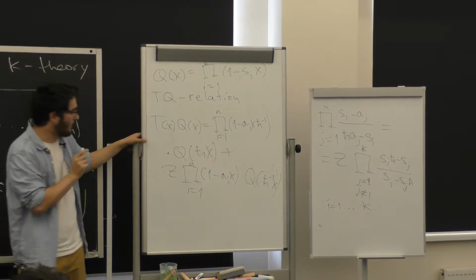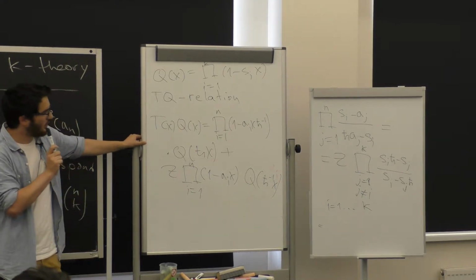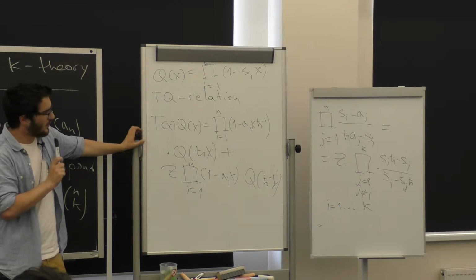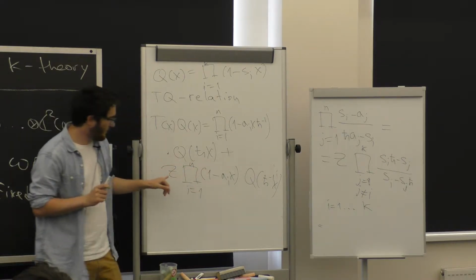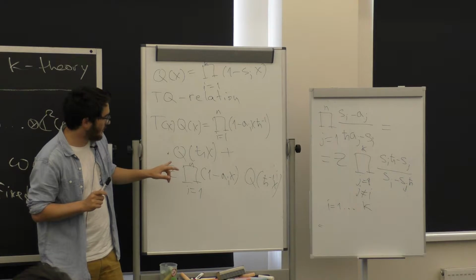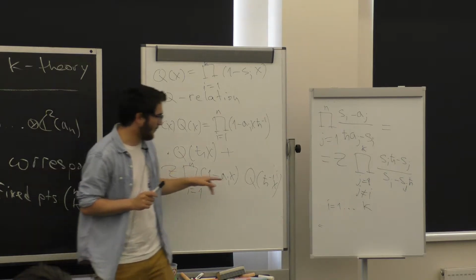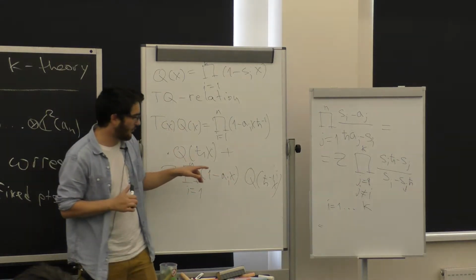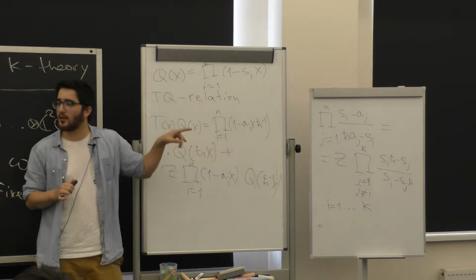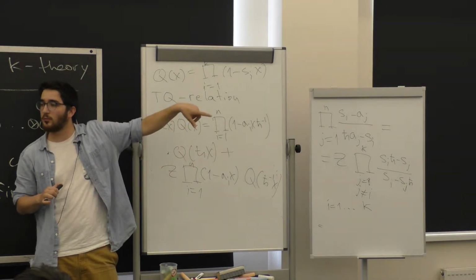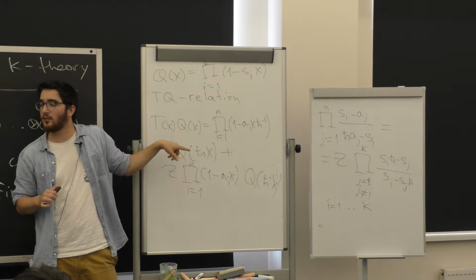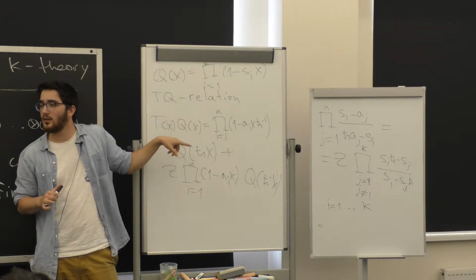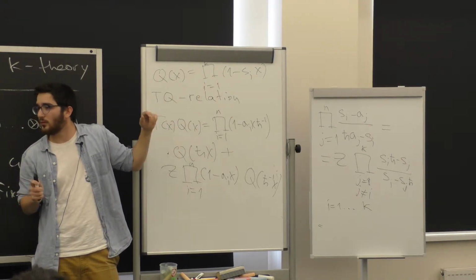So if you plug in, I might have to change variables a little bit for this to be exactly true, but if you plug in, it becomes equivalent to Bethe equations, pole cancellations over here. The eigenvalues are polynomials in x.